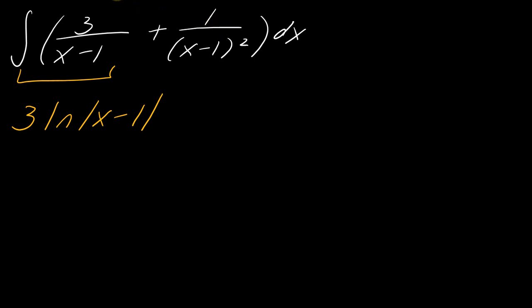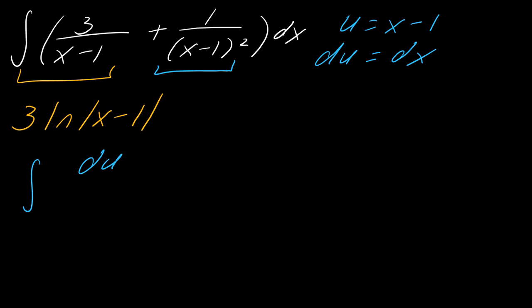For this second one, we are going to have to use substitution here. So what I'll do is I'll set my u equal to x minus 1. So my du will just be dx. So I can set this integral up then as du over u squared. And so that will be negative u to the negative first.